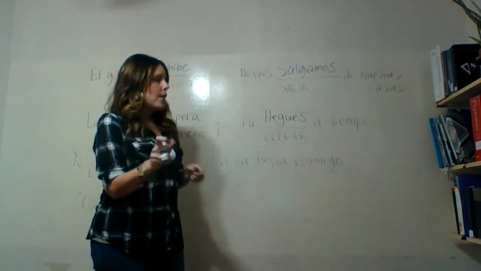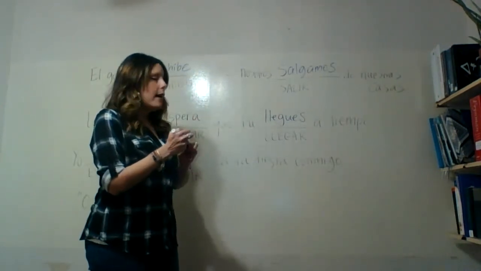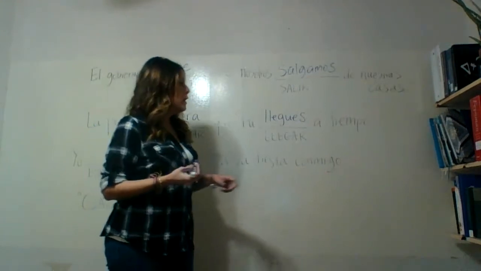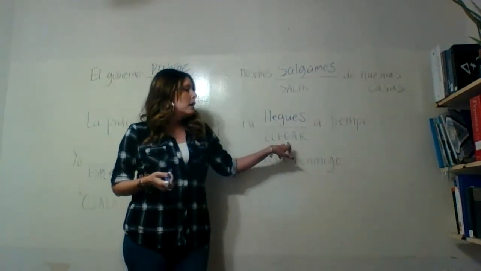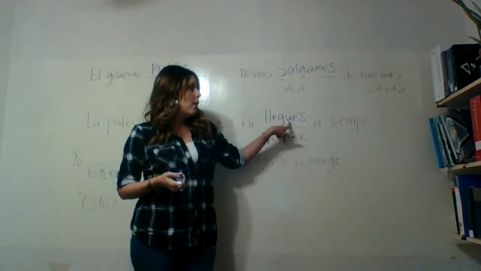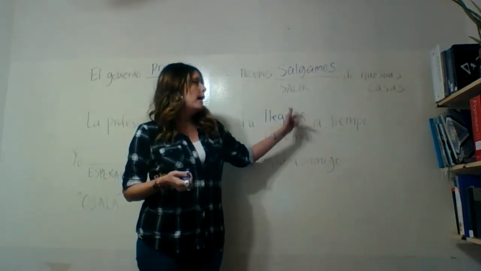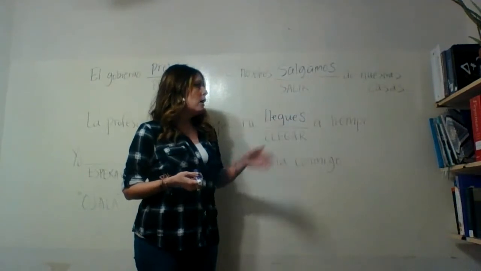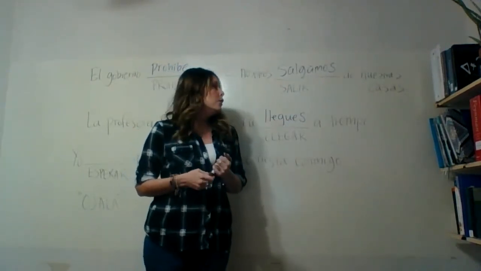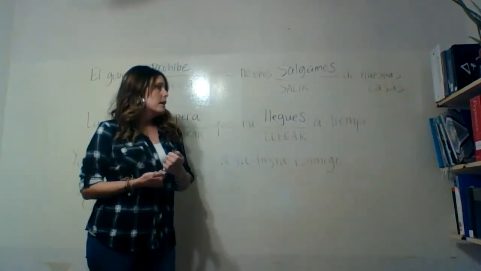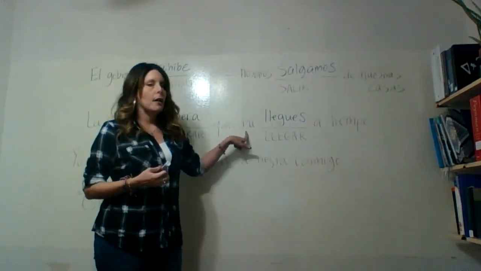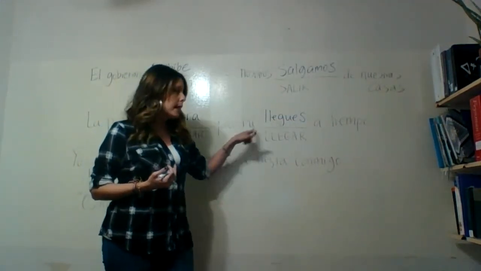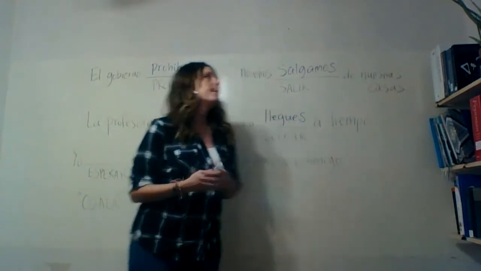What's important to remember with the gar verbs is that the G has to be followed by a U, and then we add on the appropriate subjunctive ending. So llegues, L-L-E-G-U-E-S, llegar in the subjunctive conjugated based off of tú. And then a tiempo, meaning on time.